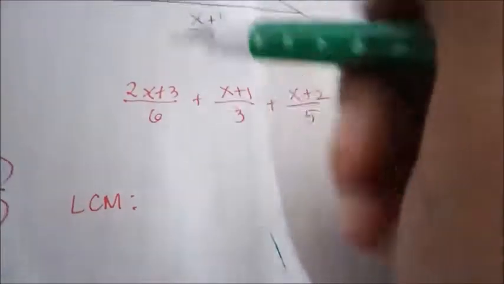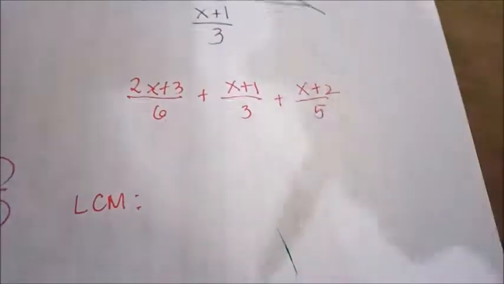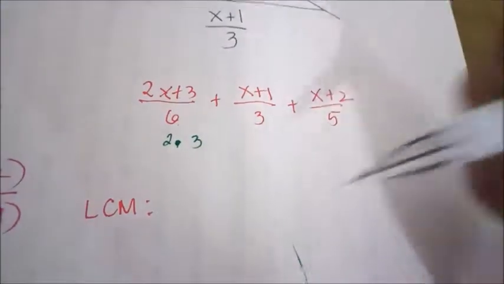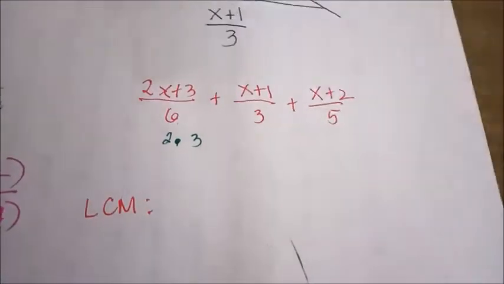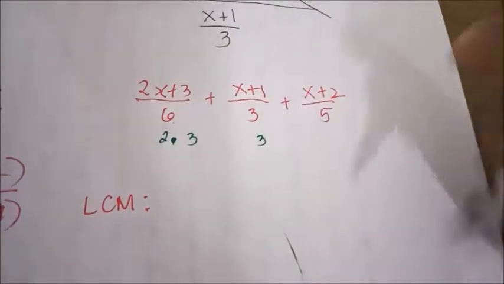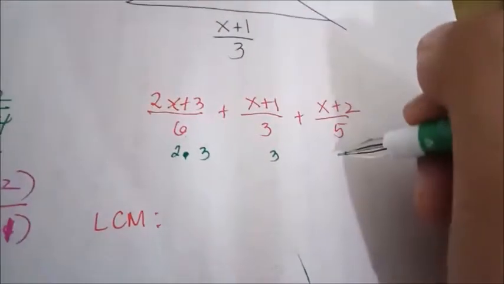Okay? So, to get the LCM, factors of 6, syempre, napag-usapan na natin yan kanina. Ano ba yung ita-times mo para maging 6? So, we have 2 and 3, or 3 times 2. 3 is prime, so 3 times 1 pa lang siya. Wala ka ng ibang ita-times para maging 3. So, 3 pa rin yan. And 5 is also prime, so 5 pa rin.